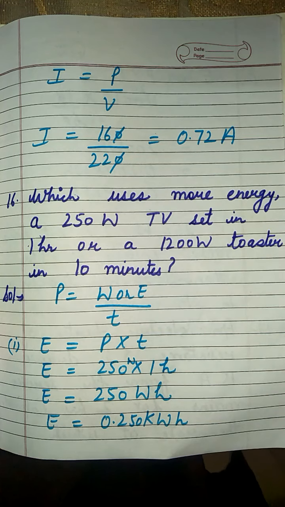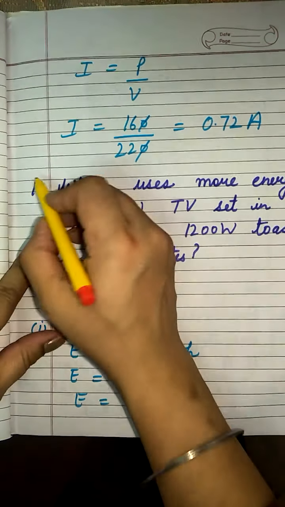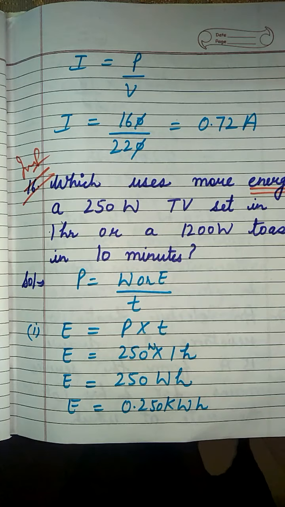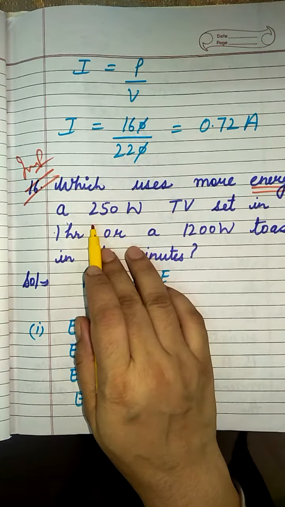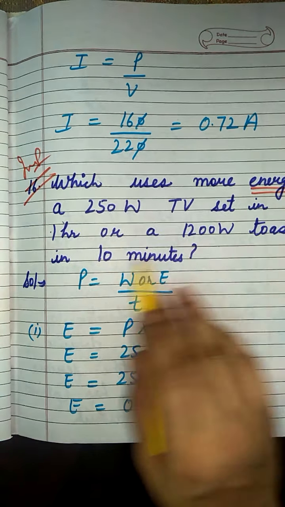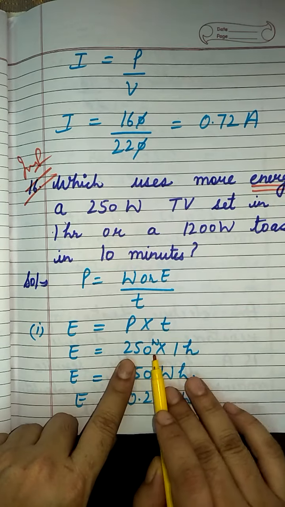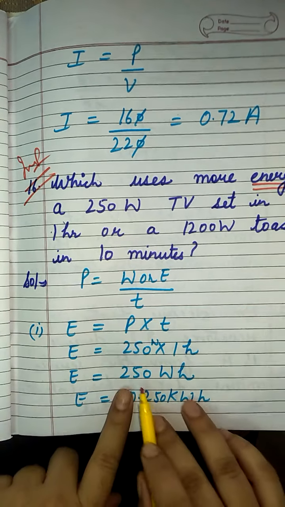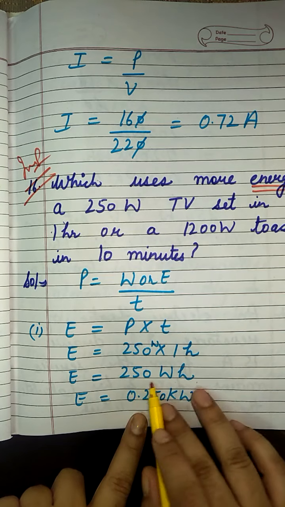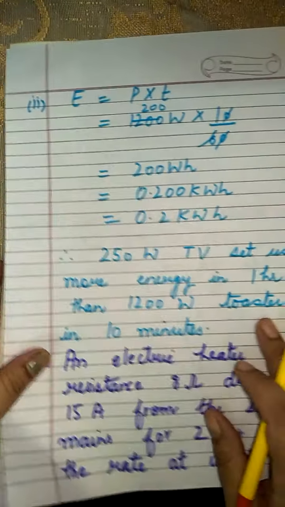Fine. So see question number 16. Which uses more energy? This is normally being asked. Energy is power into time. First part is 250 watt TV in 1 hour or 1200 watt toaster in 10 minutes. See, for first part, power into time, 250 watt into 1 hour. Fine, it will be 250 watt hour. If you convert into kilowatt, then divide by 1000, so it comes out to be 0.25 kilowatt hour.